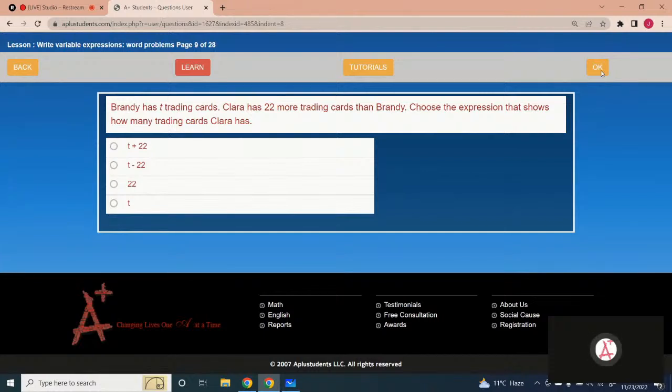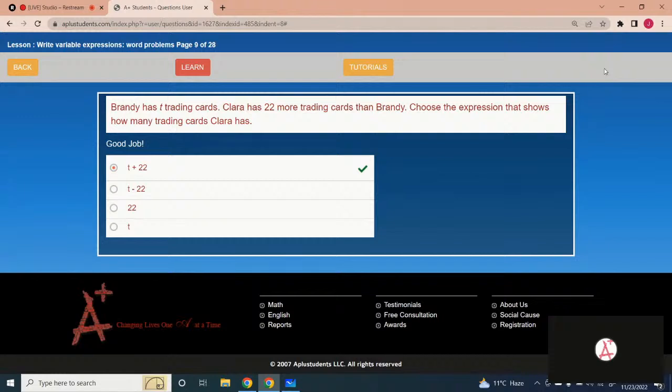So it would be T plus 22 more, so it would be T plus 22. Got it? Okay, just select the correct option and click on the OK button.